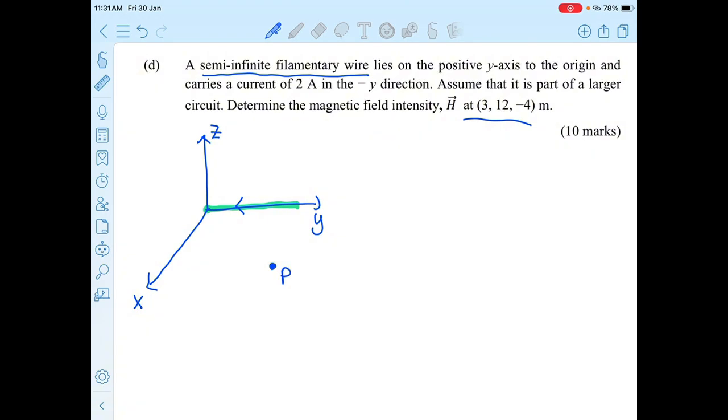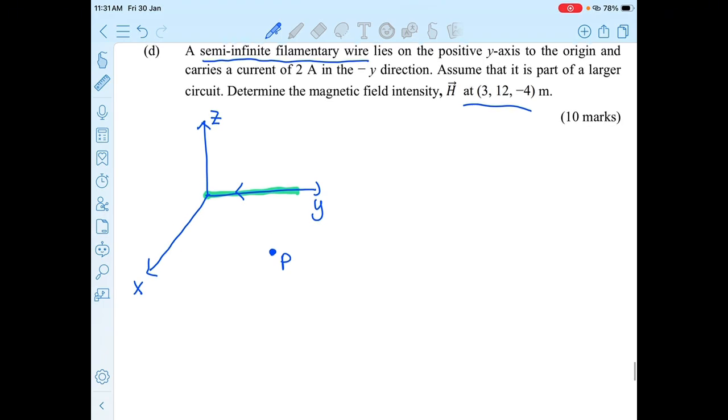For this case, you have to apply the formula for the finite line, even though it is semi-infinite, because we need to figure out the angle. So it's better that you apply this formula for the finite line: I over 4 pi r, then cos alpha 2 minus cos alpha 1, and also phi.